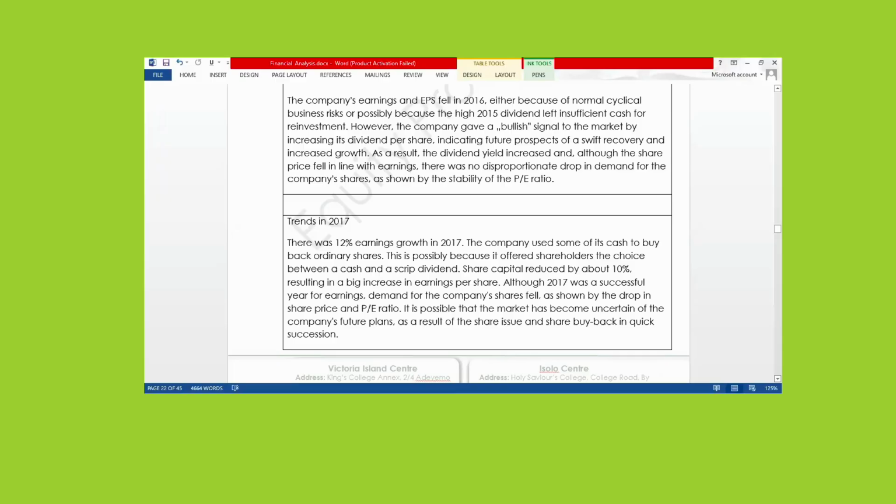If you check, equity earnings rose from 205 million to 230. That is a 12% increase in earnings.